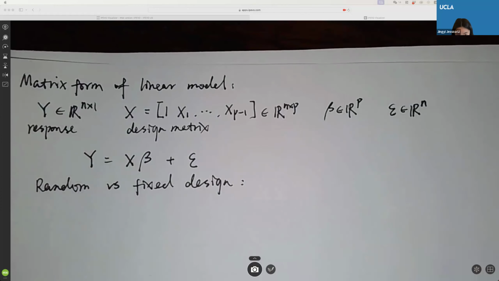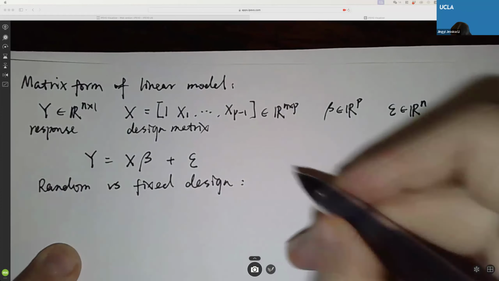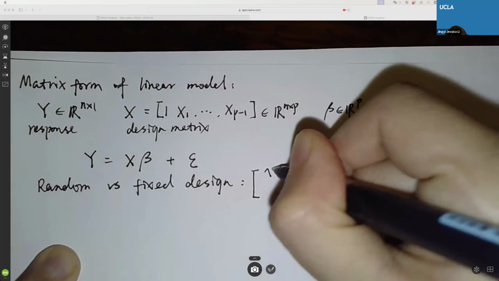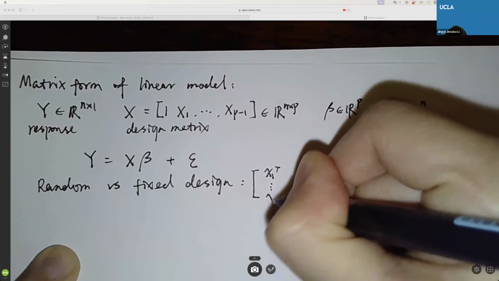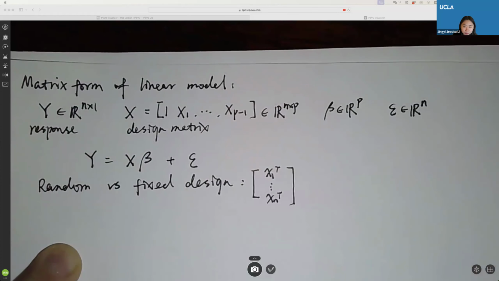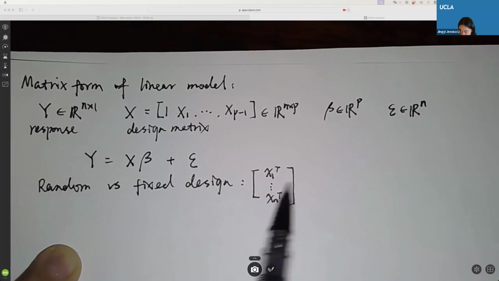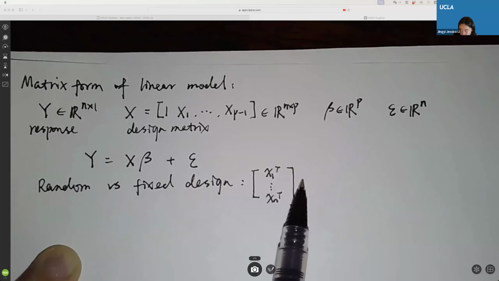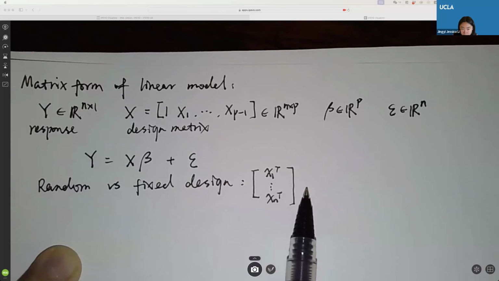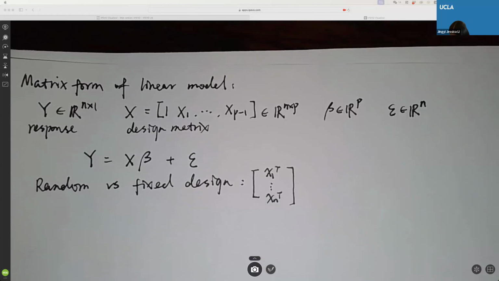So X as a design matrix has n rows. So if I write it out, I would just write it as x1 transpose to xn transpose, okay? So this is what we said last time. For each row, it is the observation, p-dimensional observations, with first one as 1 intercept and the rest p minus 1 as the predictor values.